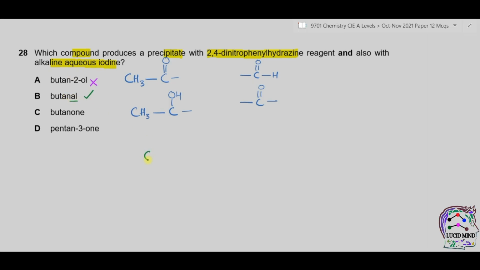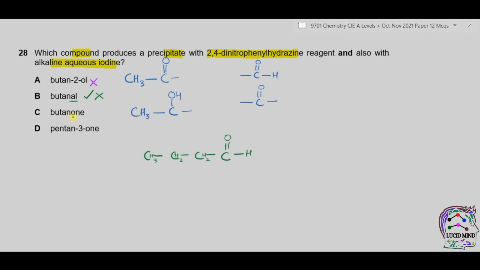Butanal is 4-carbon aldehyde. As we can see that CH3 group is not directly attached with carbonyl carbon, so therefore this will not give precipitate with alkaline aqueous iodine.